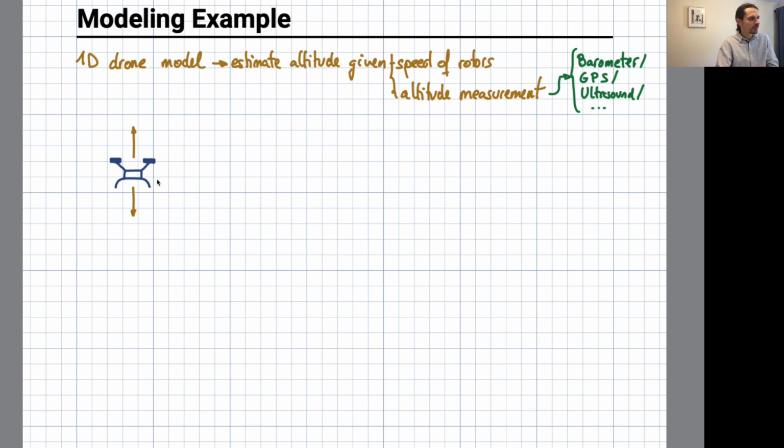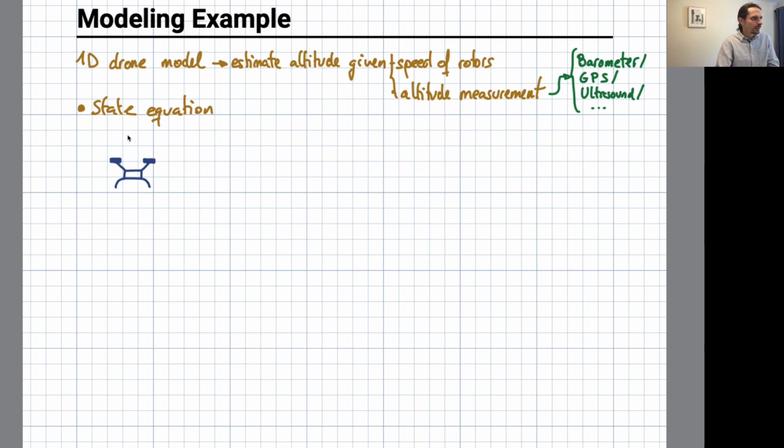This is a drone that can only move vertically, up and down. The goal is to estimate the altitude, given the speed of the rotors and given a measurement of the altitude, which can be obtained using one sensor such as a barometer, a GPS or an ultrasound sensor. It can also be millimeter wave radar, LiDAR, things like that.